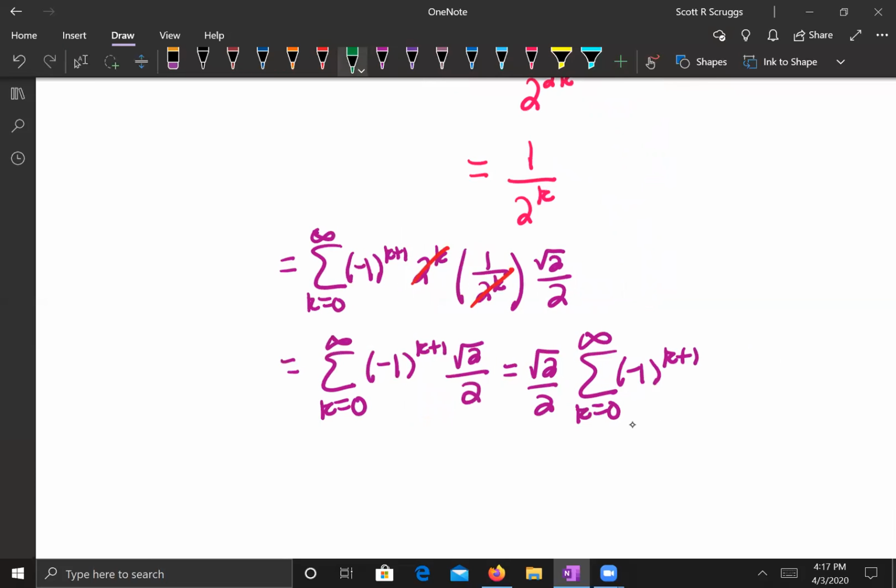And now for this series, do y'all think it's going to be convergent or divergent? And when you do that, tell me a test you would use to explain why.